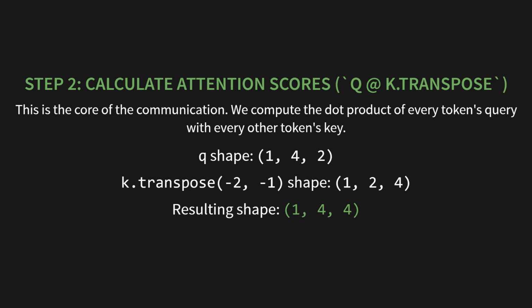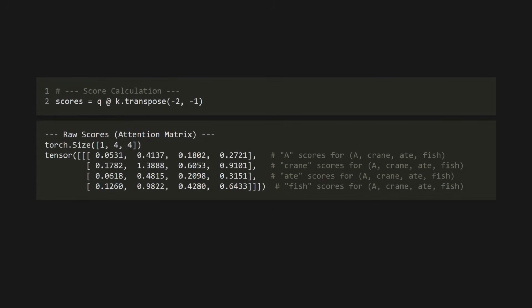Here's the code. scores equals q @ k.transpose(-2, -1). And here are the raw scores, the attention matrix. It's a tensor of size 1, 4, 4. Let's look at this closely.